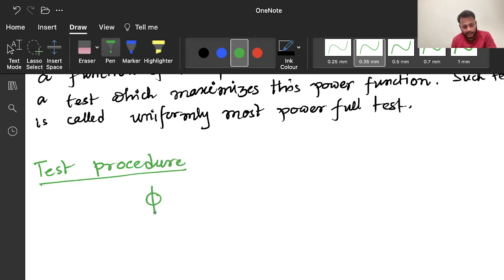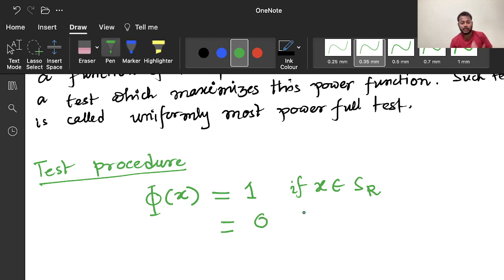Suppose phi is a test and x is a random variable, so phi x equal to 1 means with probability 1 we reject the null hypothesis if x belongs to the critical region of the sample space, and otherwise we will accept the null hypothesis.